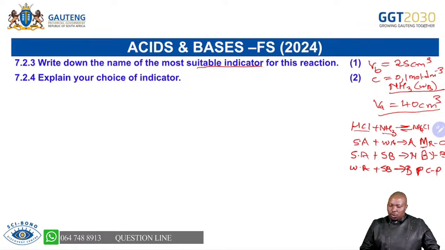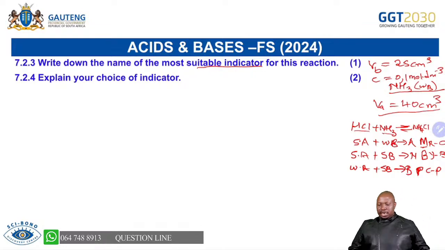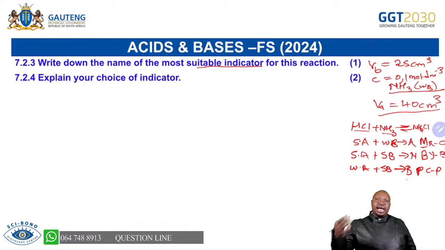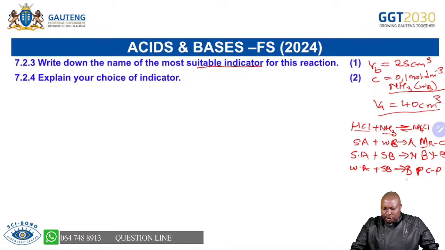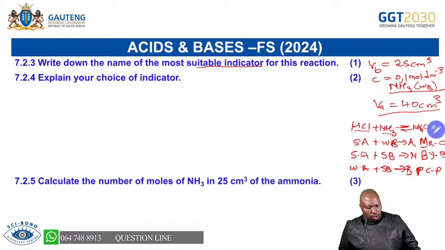The reason is that we are reacting a strong acid and a weak base. So the solution will be acidic, so we'll want to use methyl orange. I think I've emphasized that, and you will always remember that, and it will help you to get your marks.